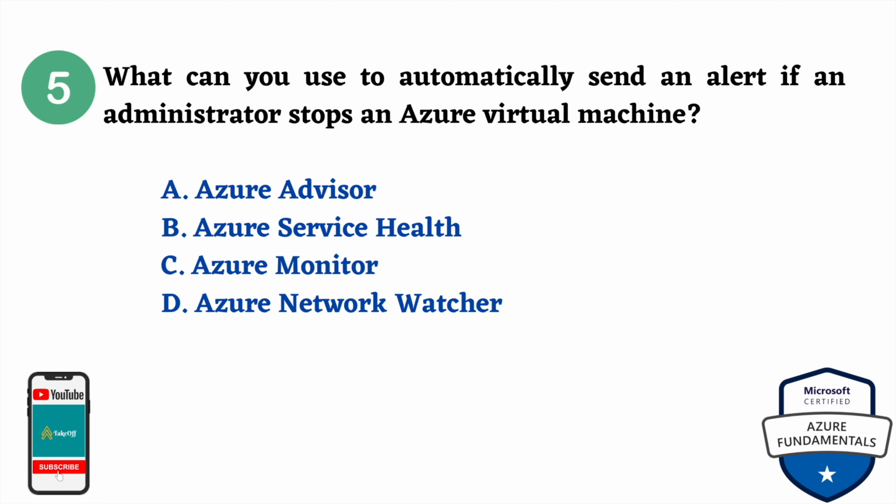Advisor analyzes your configurations and provides actionable recommendations to help optimize your Azure resources. It is not meant to send any kind of alerts. Azure Monitor does the sending of alerts, and it helps you monitor the health and availability of Azure virtual machines. So the answer is Azure Monitor.